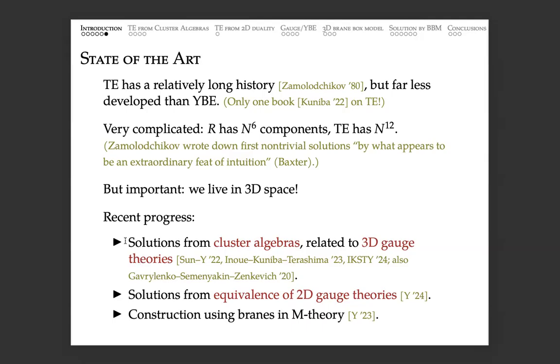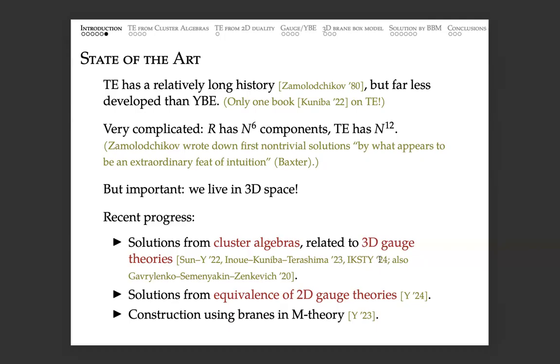So one is the realization that some solutions of the tetrahedron equation actually come from something called cluster algebras, and they can be related to 3D supersymmetric gauge theories. This is my work with Xiaoyue Sun and also Inoue, Kuniba, and Terashima-san.